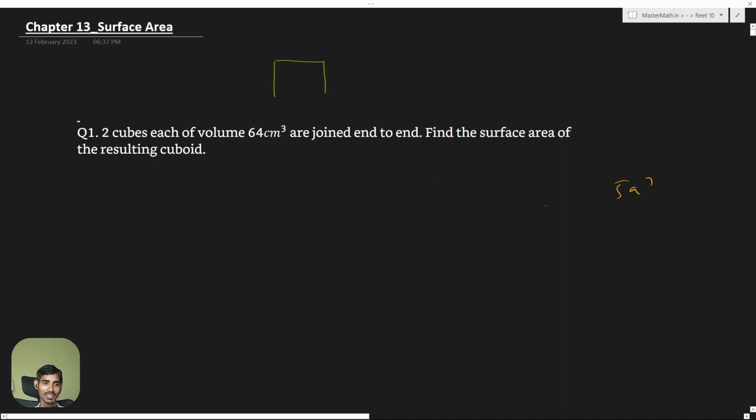Let's make the diagram, because it would help you decide. Assuming these are cubes, whatever design it is, now you can decide.